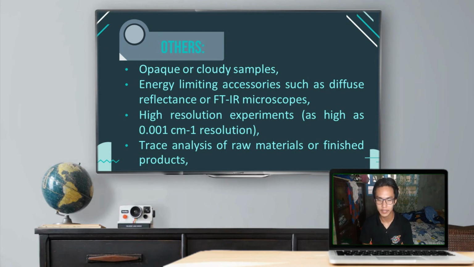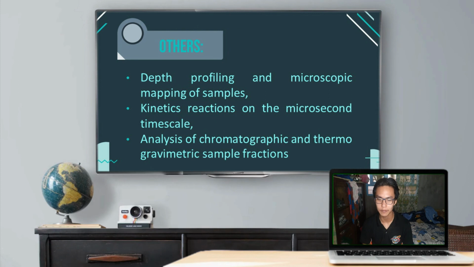Other FTIR applications: opaque or cloudy samples, energy-limiting accessories such as diffuse reflectance or FTIR microscopes, high-resolution experiments as high as 0.001 cm^-1 resolution, trace analysis of raw materials or finished products, depth profiling and microscopic mapping of samples, kinetics reaction on the microsecond timescale, analysis of chromatographic and thermogravimetric samples.